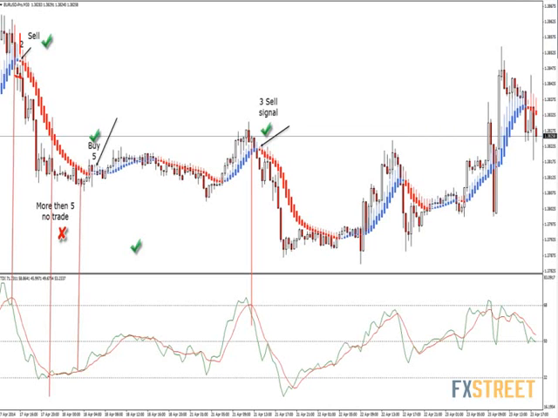Now, look at this filter here. We had a green cross exactly at 32 above the red line. So you see how the Heiken Ashi Smoothed candlestick has filtered out a potentially bad trade, because at this time you didn't have a signal to go long. But here, at this time, you had a signal. Again, 1, 2, 3, 4, 5.